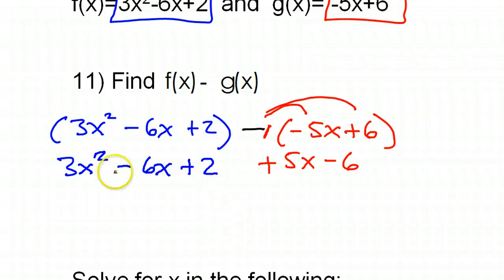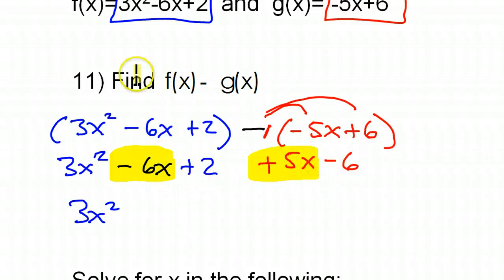We want our answer in standard form, so start with the highest degree term. I'm looking at the 3x squared here, and there's no x squared term to combine it with, so I'm just going to bring it down. So there's my 3x squared. Next I will look at the linear term, so negative 6x, and we have another linear term, positive 5x.